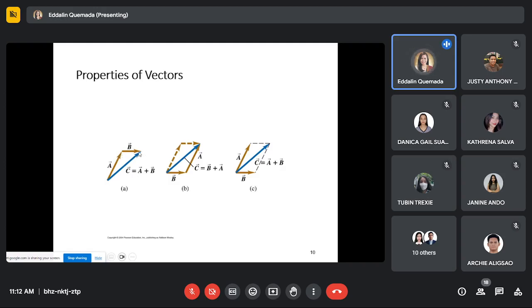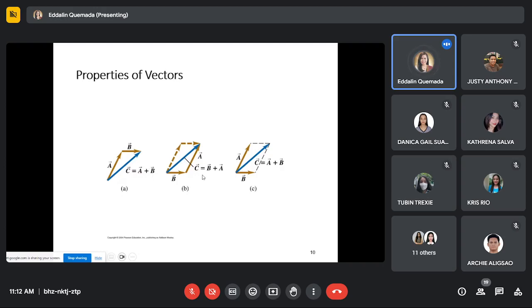So the resultant is always plotted if we follow the head to tail method. This resultant is always plotted from the point of origin, or the tail of the first vector, to the arrowhead of the last vector. Thus, by representation, we have here vector C as a resultant. It's equal to vector A plus vector B.